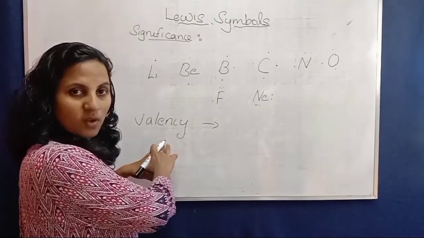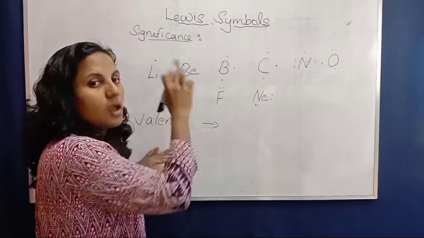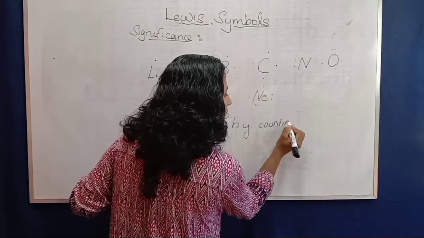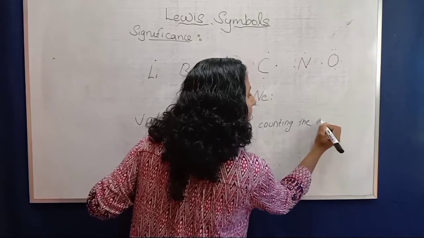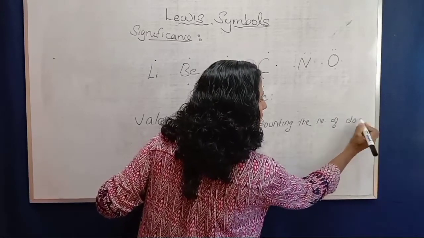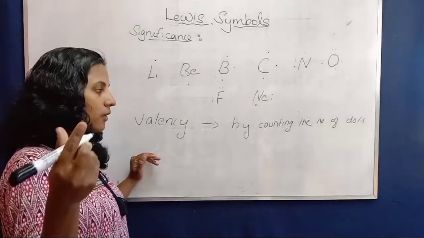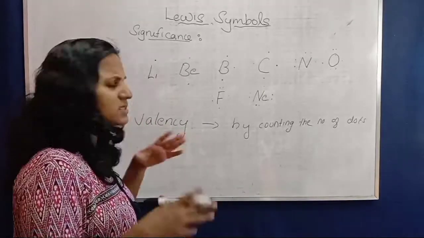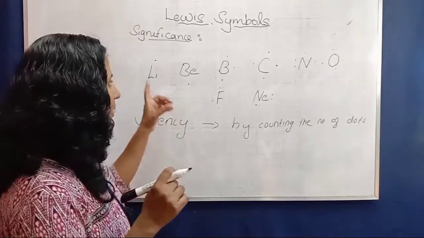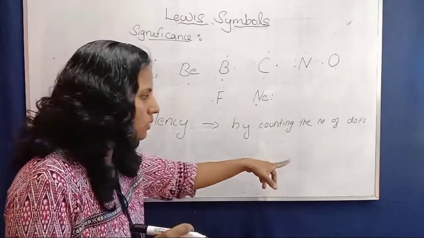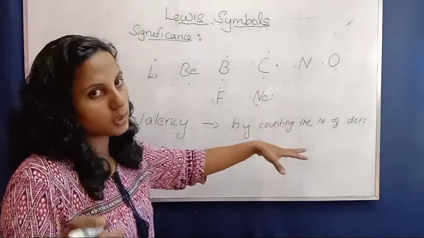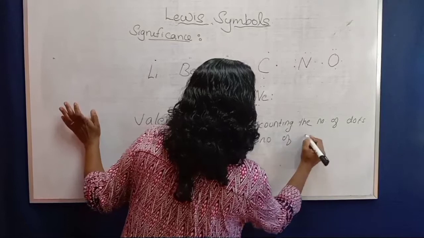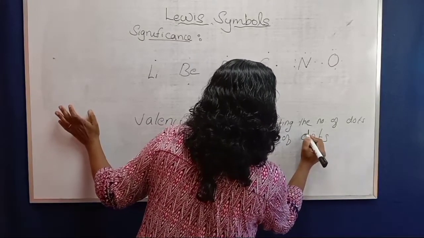We can calculate valency from this Lewis symbol either by counting the number of dots, or, if we do not get the valency by counting the dots, the valency will be 8 minus the number of dots. 8 minus number of dots.